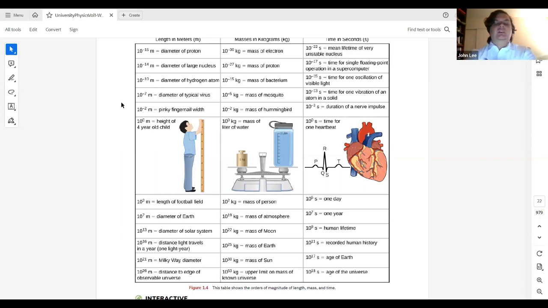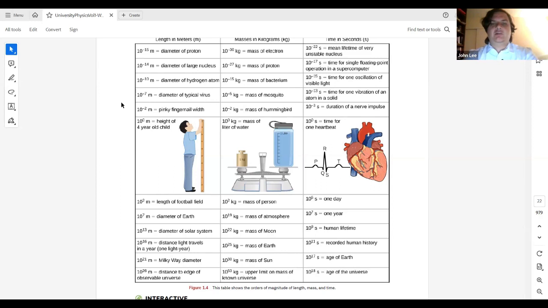So that's just kind of fascinating. We talk about orders of magnitude because you have these massive differences in lengths, masses, and or time, based on different things that you're looking at.